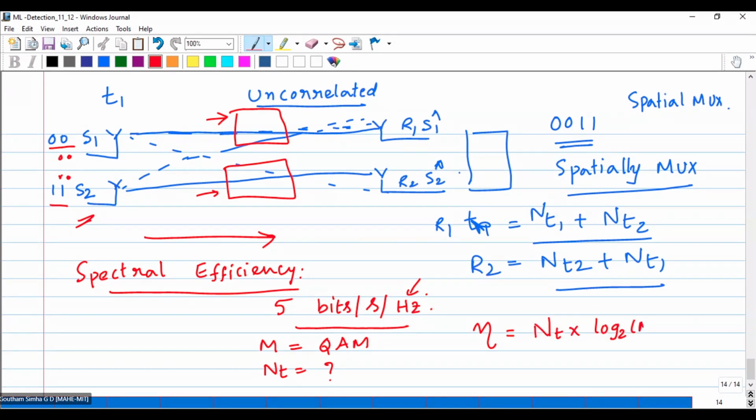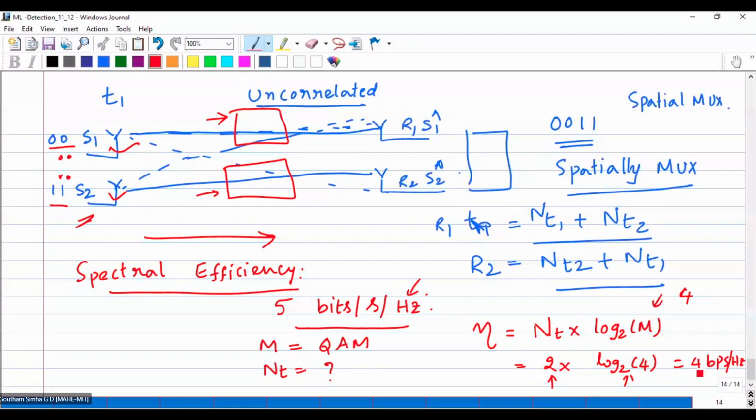This is for your spatial multiplexing scheme. NT into log 2M, into because both antennas are active. This is also active, this is also active. So how many antennas do you have? 2 antennas. 2 into, suppose I use QPSK, log 2 of 4. This will give me 2 bits, this will give me 2 bits. So 4 BPCU, or bits per second per hertz.